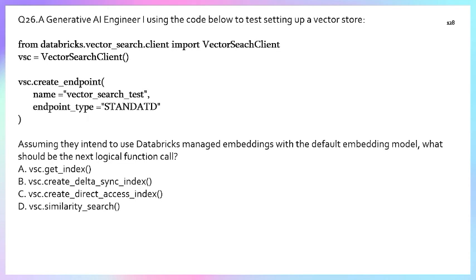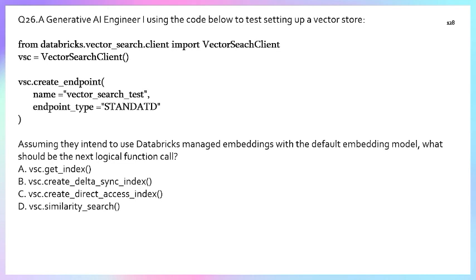The documentation of Databricks Vector Search indicates that you use create delta sync index to create an index of the delta table and have Databricks manage the embedding process for you. So option B is correct.